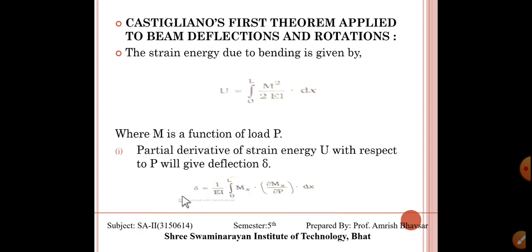Right? So the equation for that is 1 upon EI integration 0 to L of Mx into del Mx upon del P into dx. This equation is important for us.